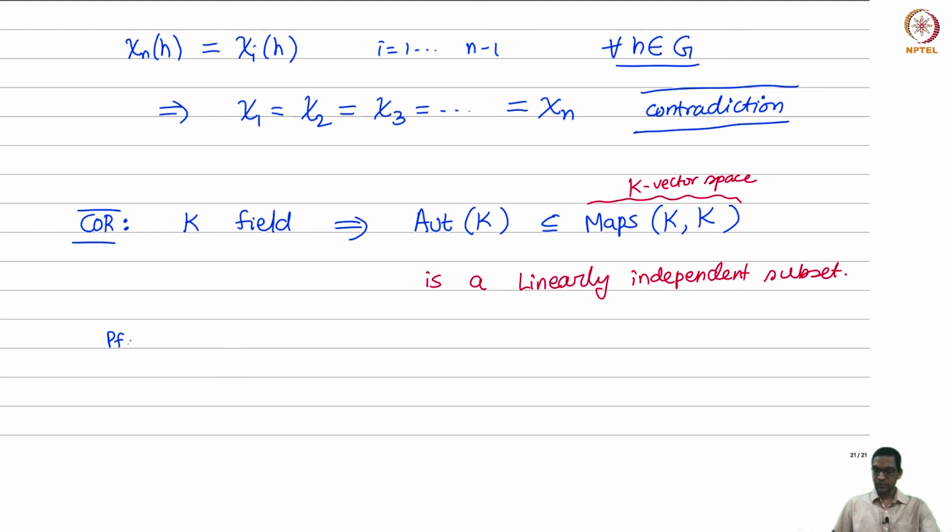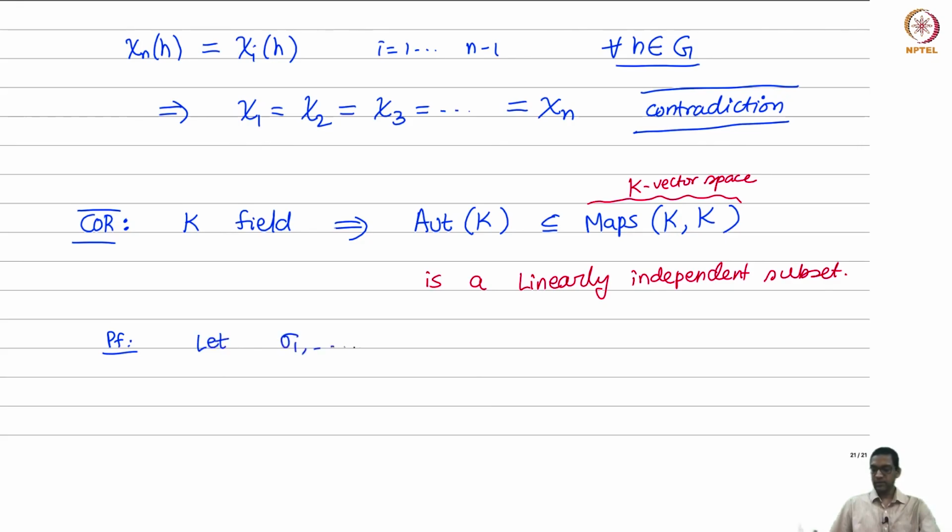So observe that to show that a set is linearly independent just means you pick any finitely many out of them. You pick any finite number of elements from Aut K and you must show they are linearly independent. So it only involves checking finitely many at a time. So let's pick finitely many automorphisms and show that they are linearly independent.